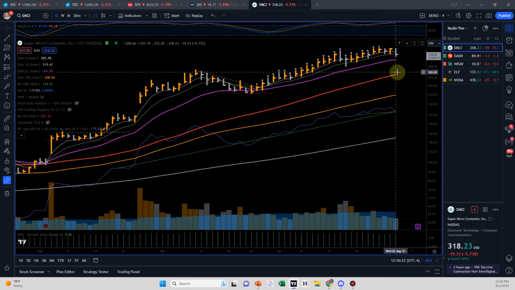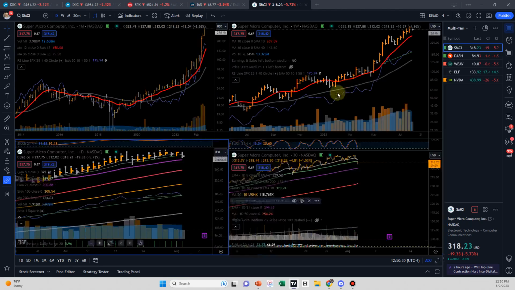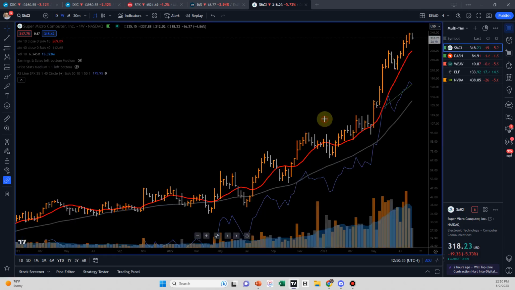Maybe it comes back in, tests the 50-day moving average. The guy that's back here might be okay with all that. Maybe, maybe not. But the person that got in back here has a lot more profit cushion than the person that's testing this little breakout up here on the weekly.